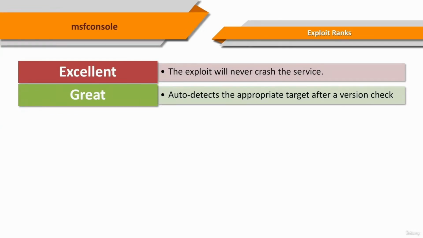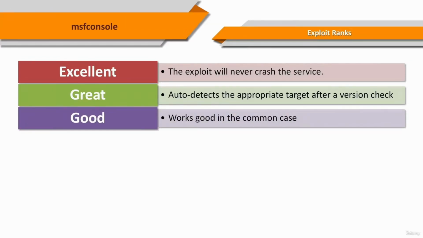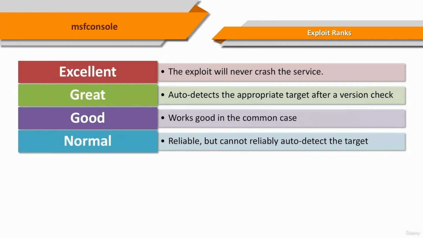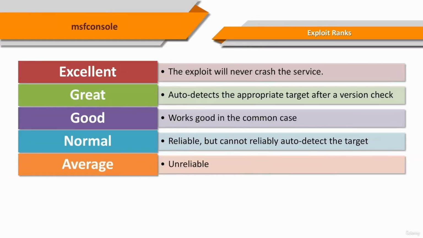Great. The exploit has a default target and either auto-detects the appropriate target or uses an application-specific return address after a version check. Good is that the exploit has a default target and it is the common case for this type of software, for example, English Windows 7 for desktop app, 2012 for server, etc. Normal, this exploit is otherwise reliable, but depends on a specific version and can't or doesn't reliably auto-detect.